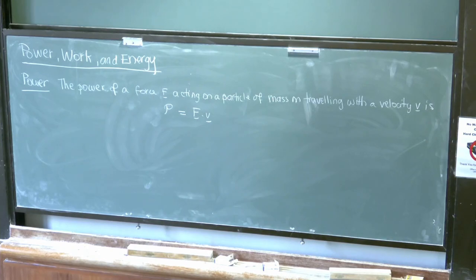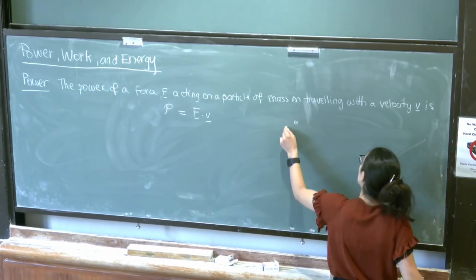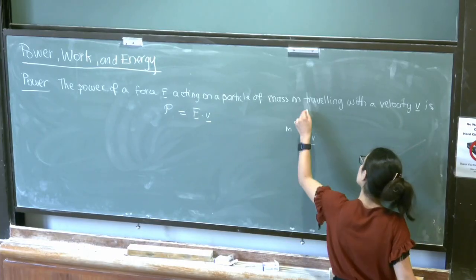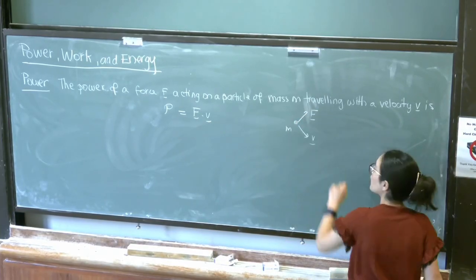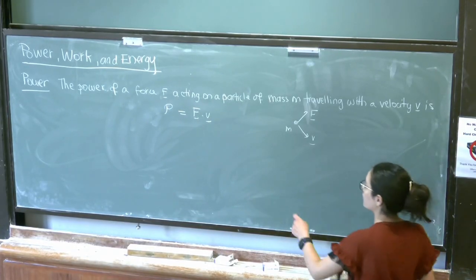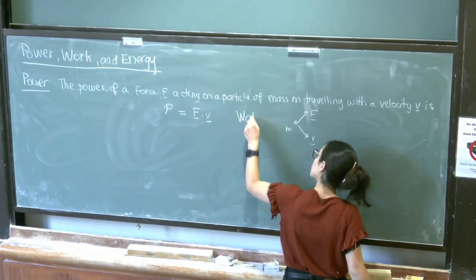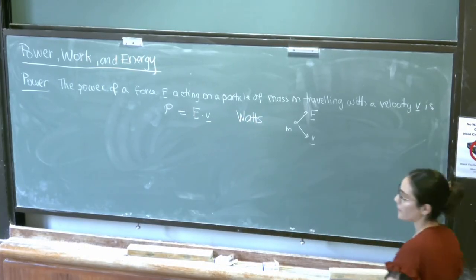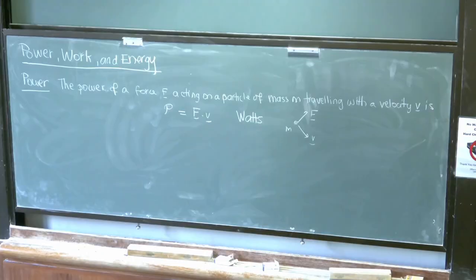So the power of a force F acting on a particle with mass m and velocity v is F dot v. The units of that are newtons times meters per second, or watts. Now the work of a force is the integral of the power with respect to time.